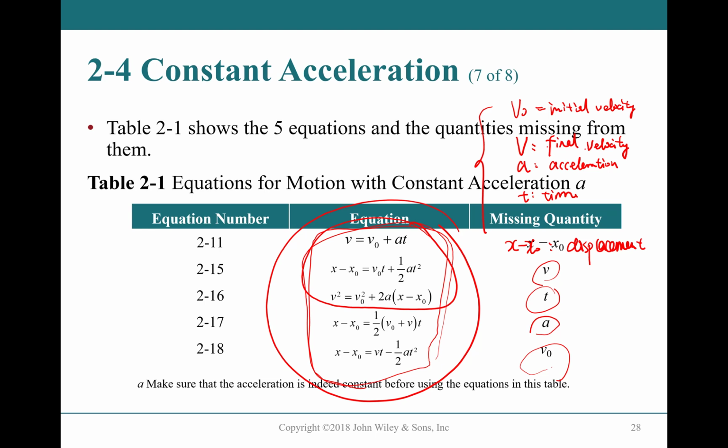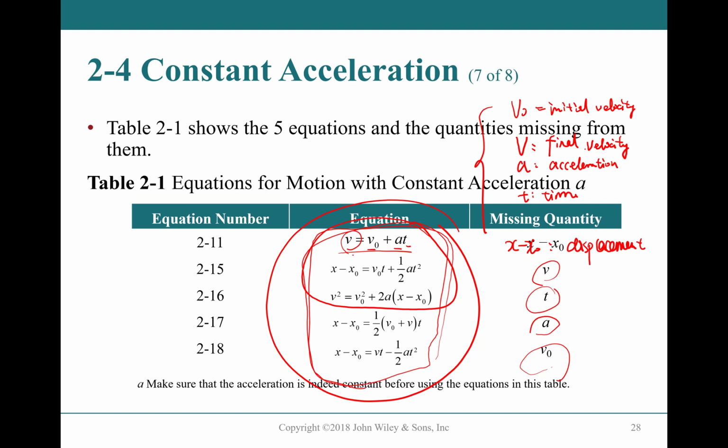Given 4 of the variables here, you can calculate the unknown one, or given 3 of the known variables, calculate the unknown variable.